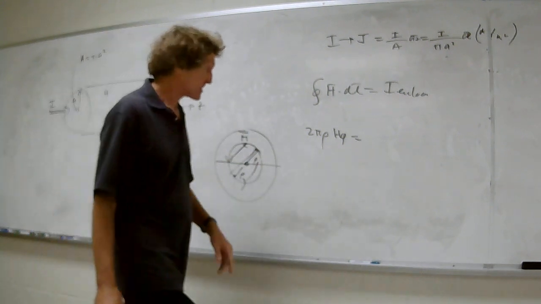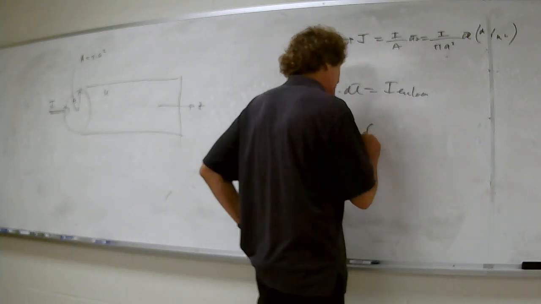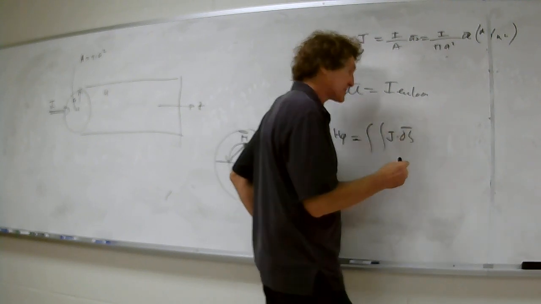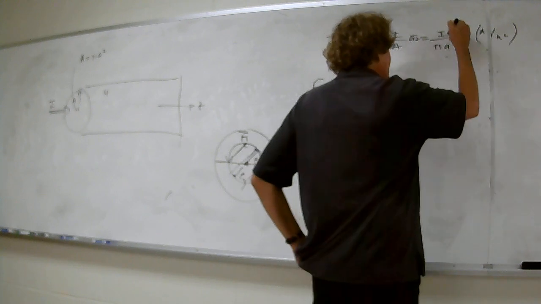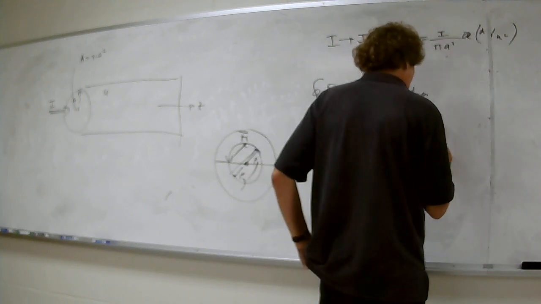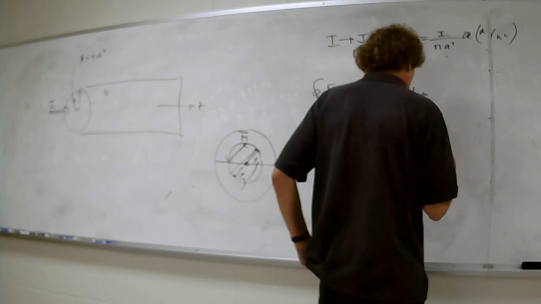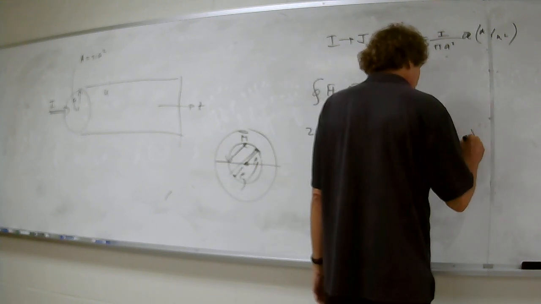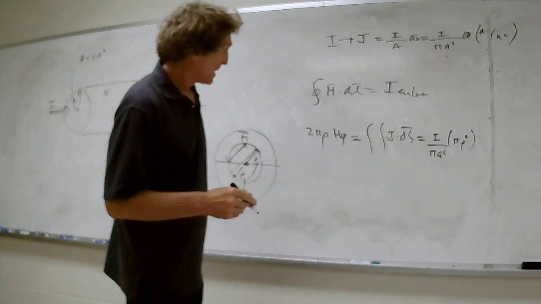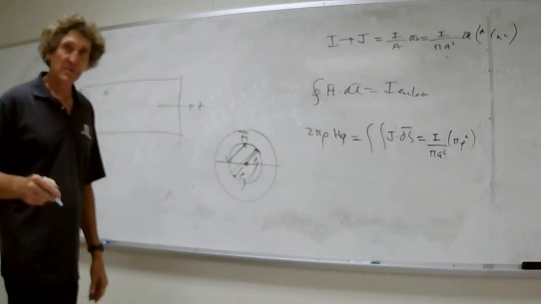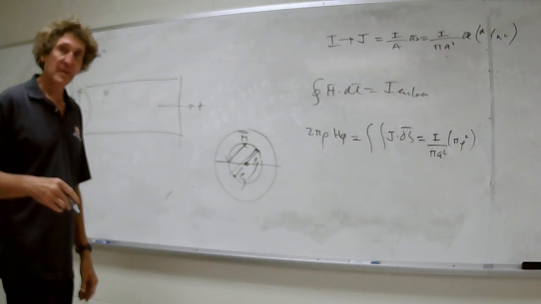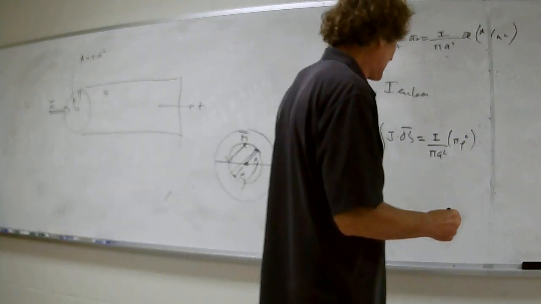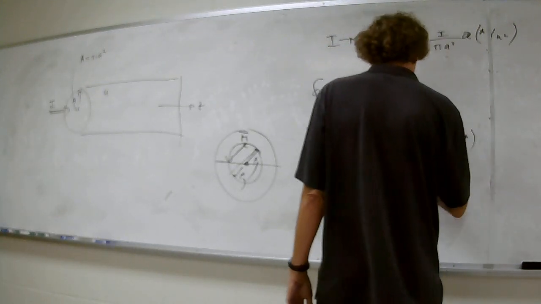So when I do this, I say that's equal to the double integral technically of J dot ds. But from last time, you know this is really going to be I over pi a squared, the current density, times the area of that, which is pi rho squared. Correct, class? I'm not trying to make this trivial, but I hope you understand what I'm doing. Y'all with me? Okay, what happens here? Well, the pi's cancel, right?